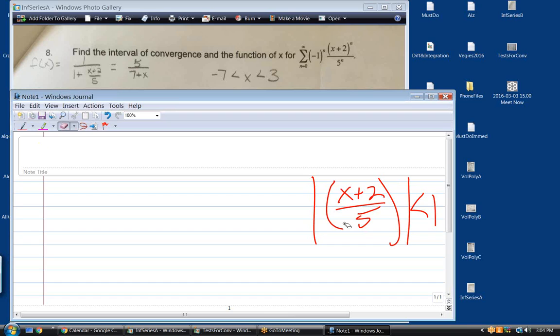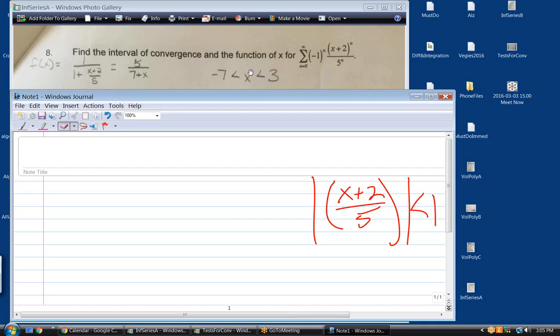I just know that if the absolute value of what's inside is less than 1, this is going to be a convergent series. So is the interval of convergence -1 to 1 then? No. It would be -1 to 1 if that was just x. But since it's x plus 2 over 5, that's the quantity whose absolute value has to be less than 1.